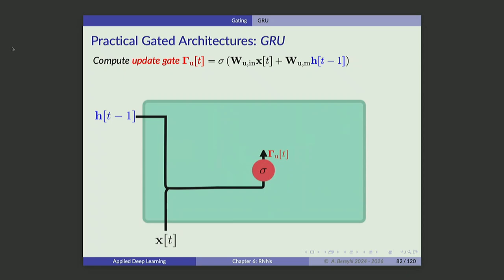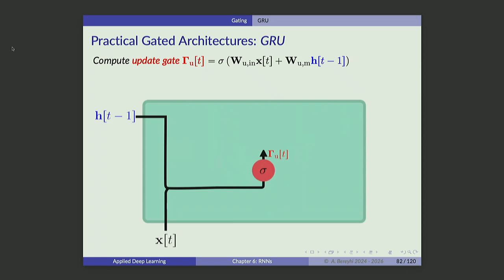So the first thing you're doing is computing an update gate. Input goes in, hidden state comes in, they have their own weights, and you just compute the weighted sum and activate it by a sigmoid. You get your first gate.